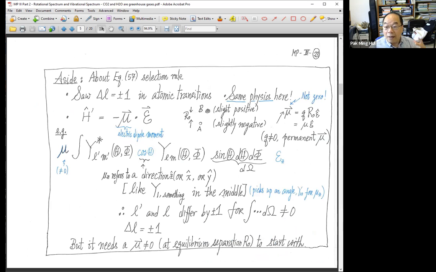Here, let us discuss why we have this selection rule, and whether there are additional requirements for the molecule in order for us to see these rotational transitions.